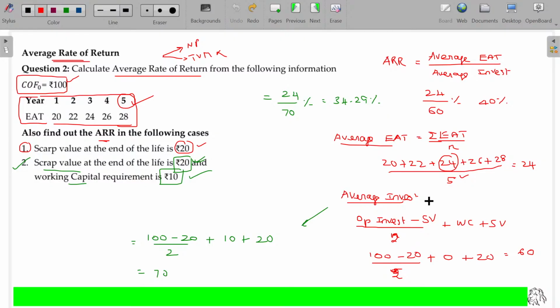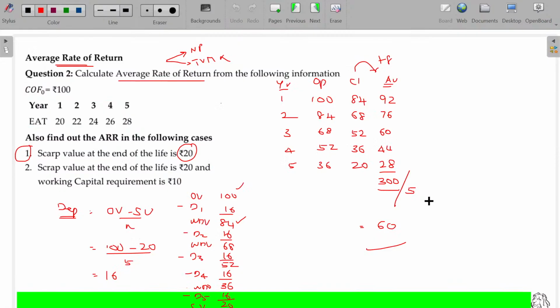What about the working capital, sir? Working capital, there is no depreciation, right? If you want to start the business, you will start with some stocks, some debtors. You have 100 rupees worth of stock in your business. Year beginning 100, year end 100, second year beginning 100, and the last year the working capital remains 100, and you sell off the entire stock by the year end.